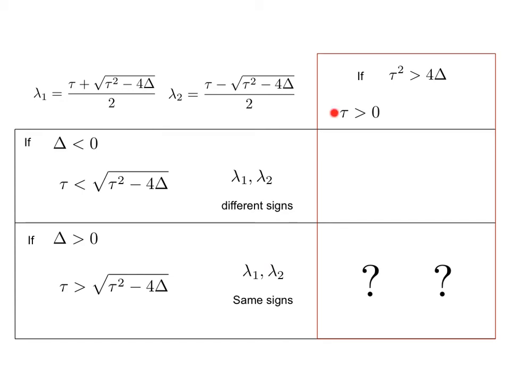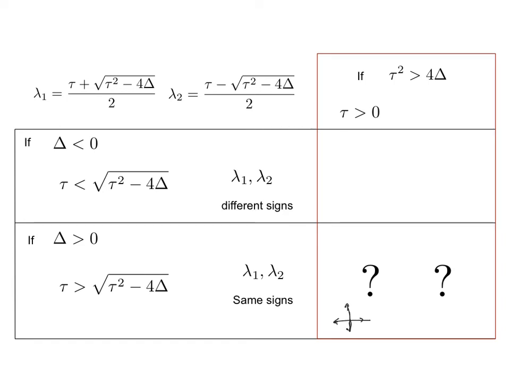What happens now if we have a tau that is positive? Lambda 1 and lambda 2 will both be positive. If we have two positive eigendirections, we will have a repeller. To clarify, I will put a quick plot here. Remember this: one eigendirection is positive, so it's like moving out from the fixed point.